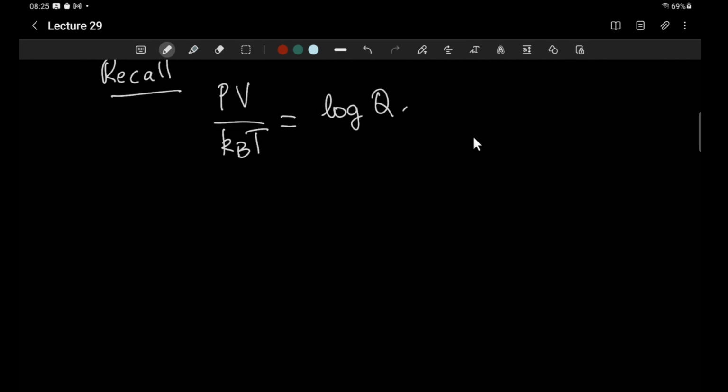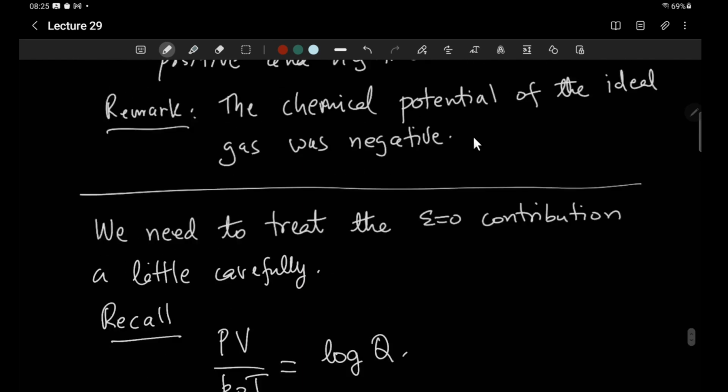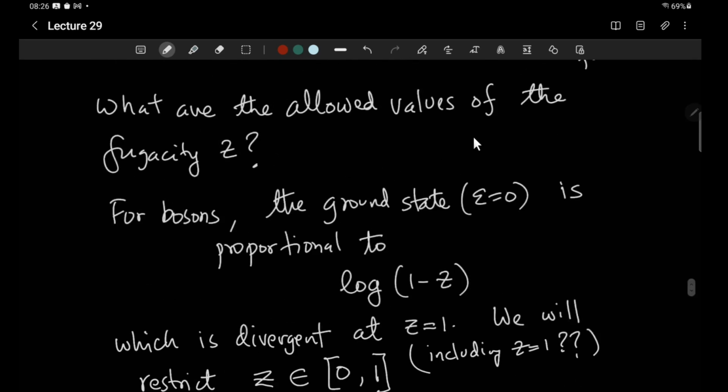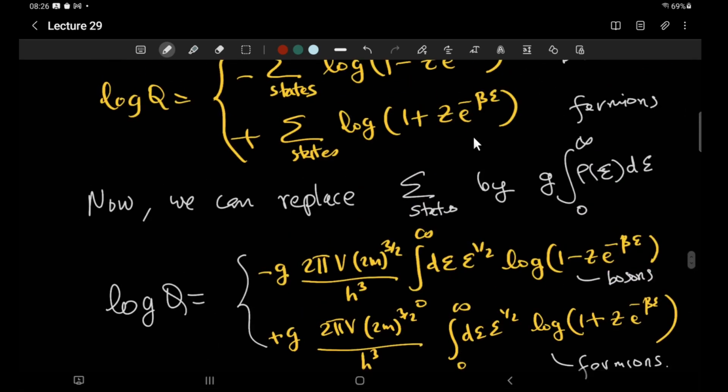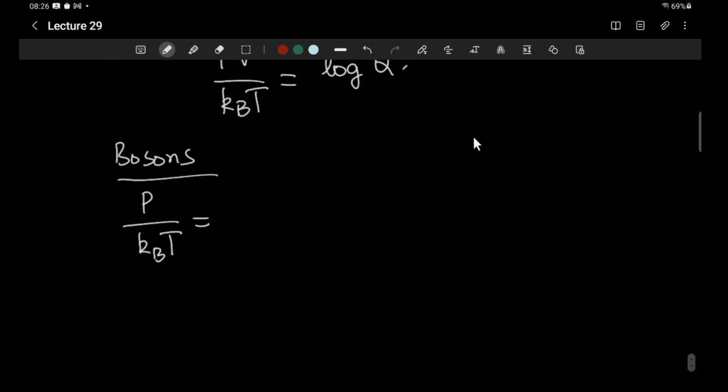For bosons, this implies P by KBT is 1 by V times log Q, but we have worked out what log Q is. We have this term minus G into 2 pi m power 3 by 2 divided by h cubed integral.